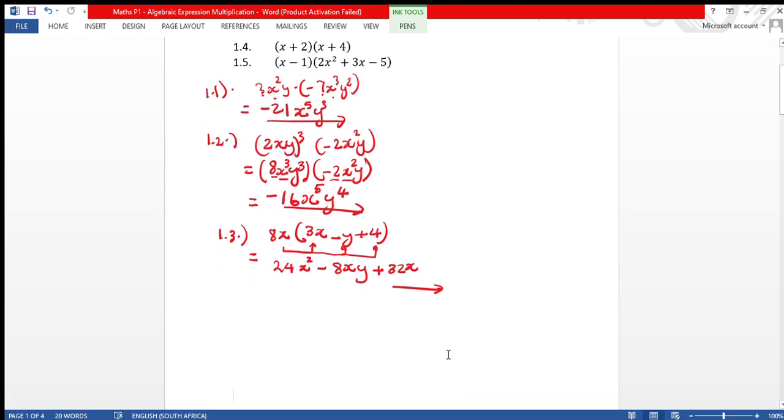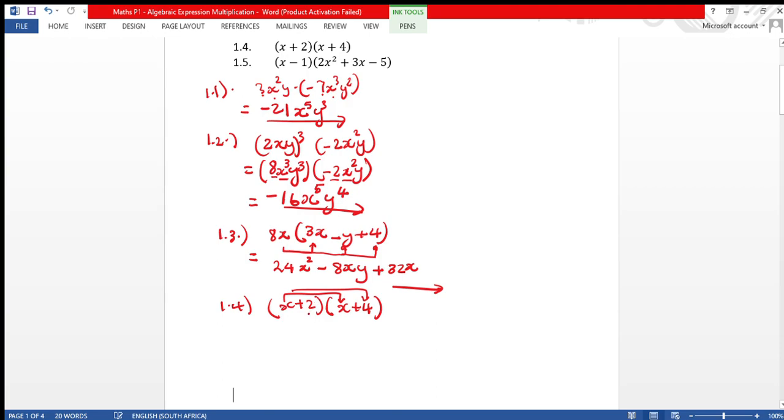Okay, so let's go to question 1.4. We have x plus 2, then x plus 4. Basically here, you want to start by multiplying the first terms inside the brackets, and then you're going to multiply x times 4.